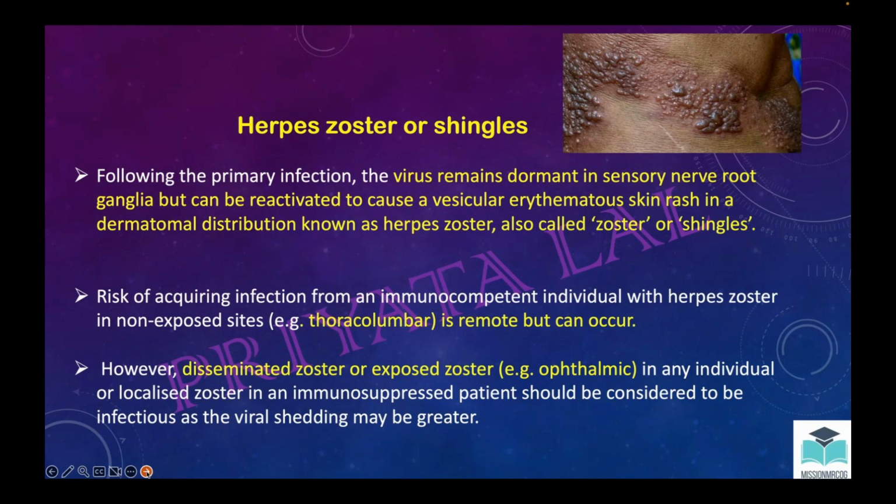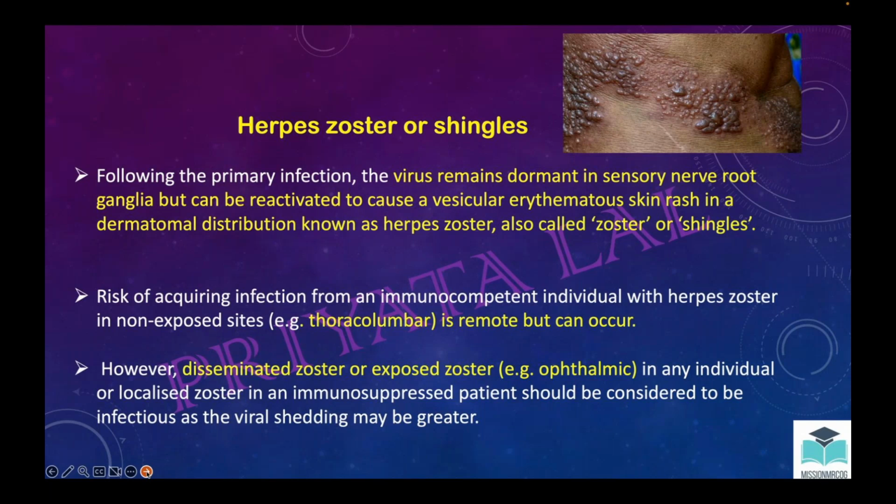You can see here that one of the thoracic nerves has been involved, and the rash is in the distribution of that nerve. This is a characteristic feature of herpes zoster. You might have seen adult patients come to your clinic, and many times people are unable to diagnose this.